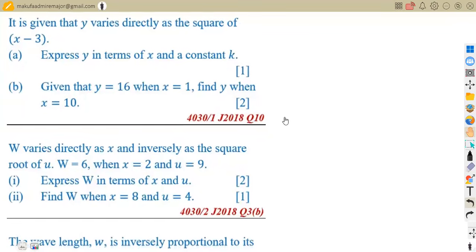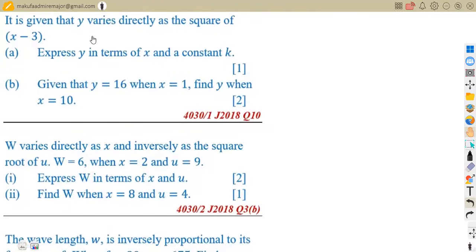In this one, we are given that y varies directly as the square. Take note, they are saying the square of, not the square root. This part is important if we are given word problems. The square is a number to the exponent of 2.